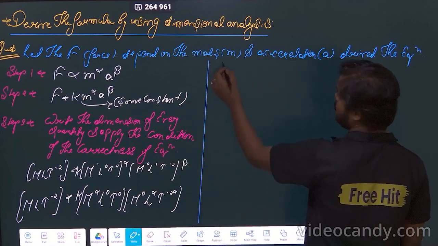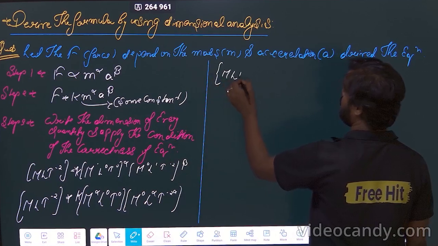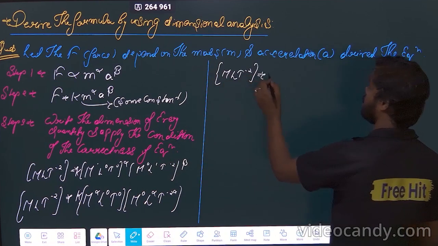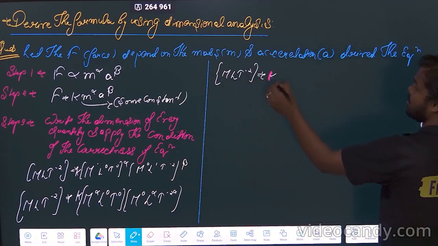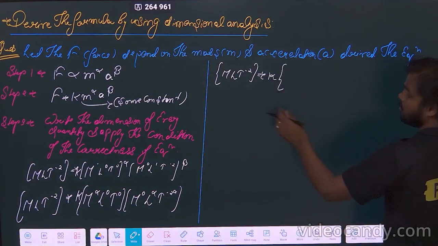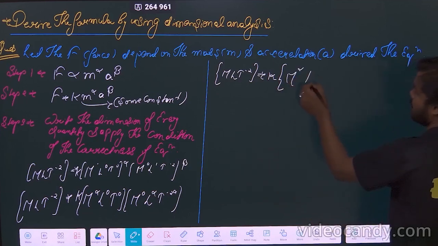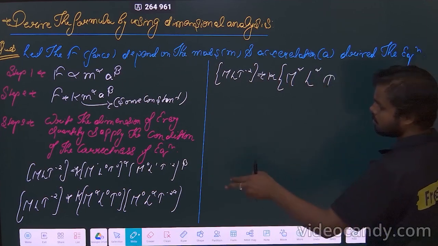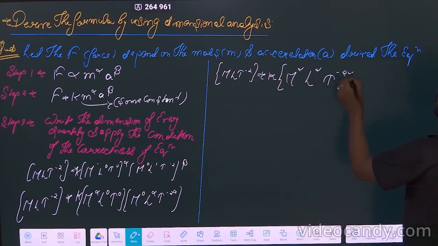Now just from here, M L T minus 2 is what you see. K is constant, K has no dimension obviously. Add the powers: M to the power alpha, alpha plus 0 means alpha; L to the power 0 plus alpha means alpha; and T to the power 0 plus minus.